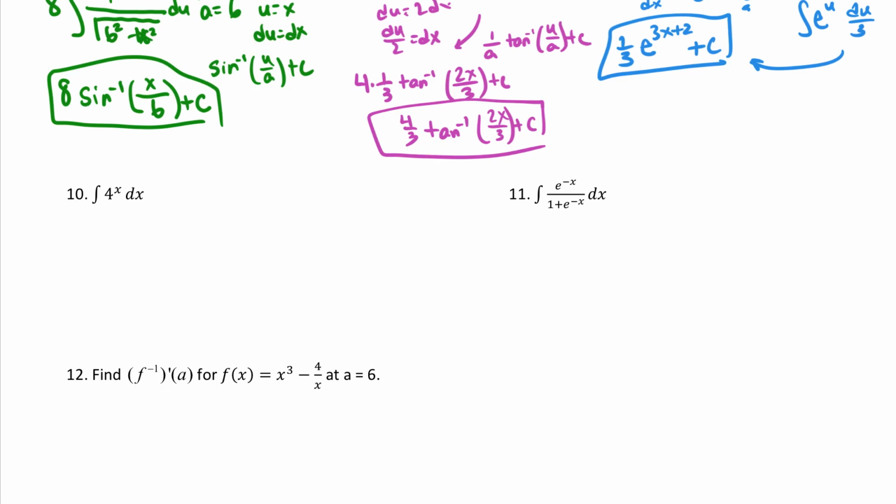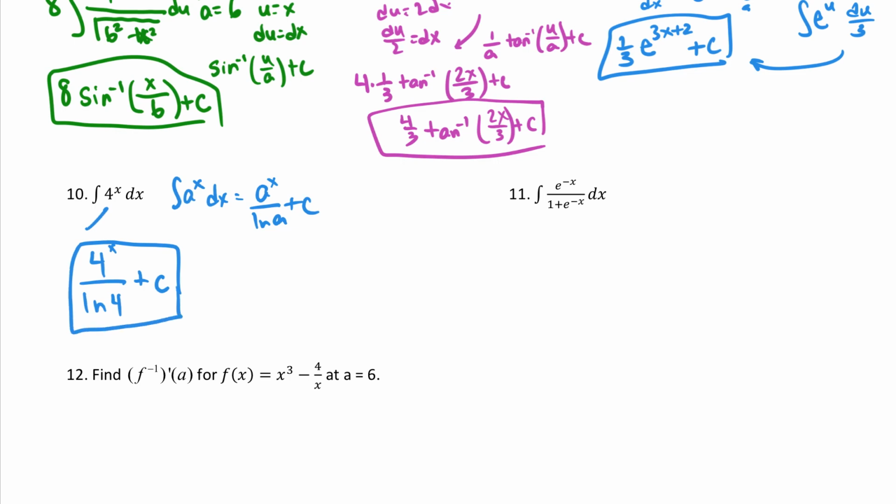So for number 10, this is just our integral of a to the x dx, which is simply going to be a to the x over ln a plus your c. So in this case, it's just a 4, so this integral is pretty straightforward. This will be 4 to the x over ln 4 plus c.